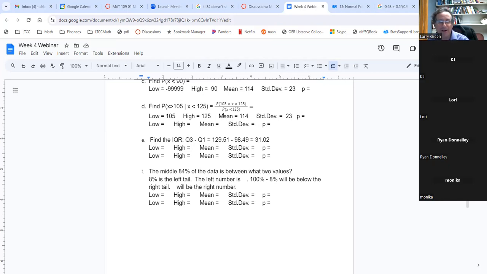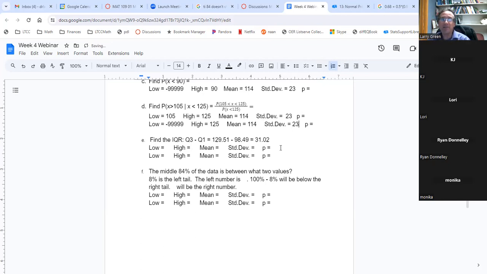For the denominator, what's the low for the denominator? Yeah, negative infinity. So I'm going to go negative 99999. And the high will be 125. Mean is still 114. The standard deviation is 23.